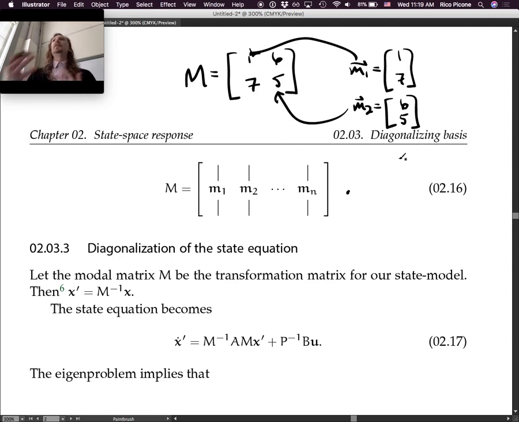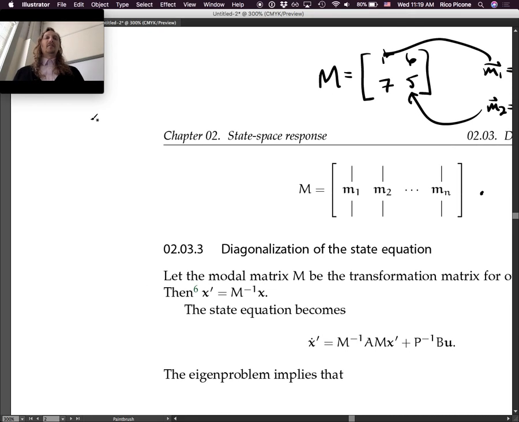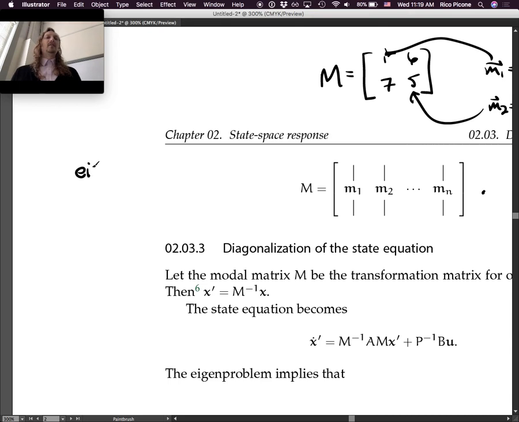When you're working out homework problems, I encourage you to try stuff out in MATLAB and check things. I want you to be able to do smaller problems by hand so you can do them on the exams, obviously, but using MATLAB is really useful. When I told you the other day that you can find the eigenvalues and eigenvectors in MATLAB using the eig function, what I didn't tell you is that the eig function actually returns lambda and M. It returns two matrices, lambda and M. So it doesn't even return just a list of the eigenvalues.